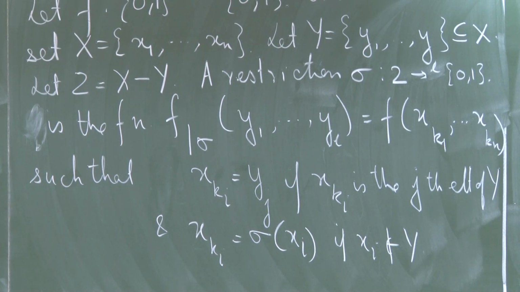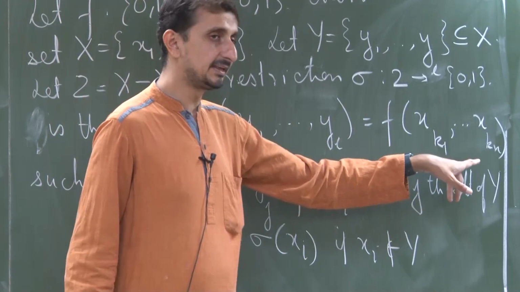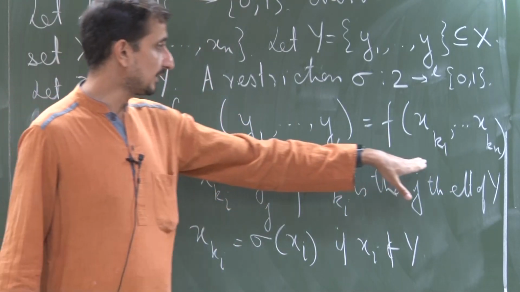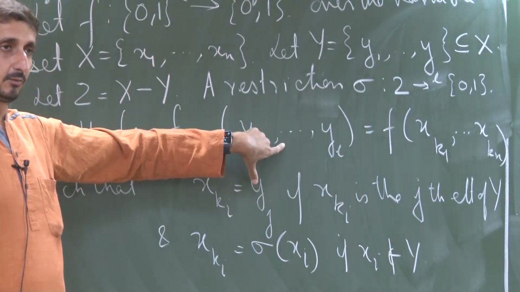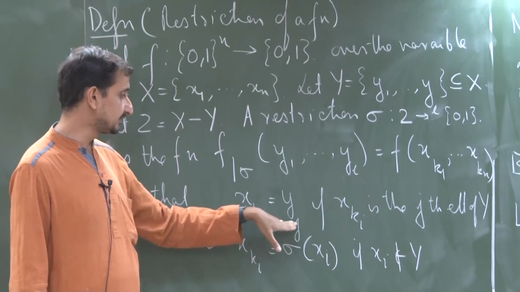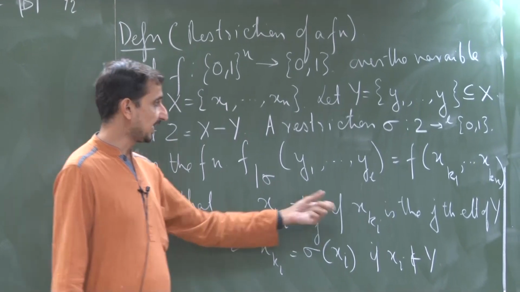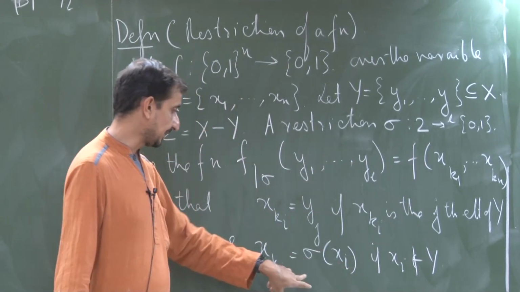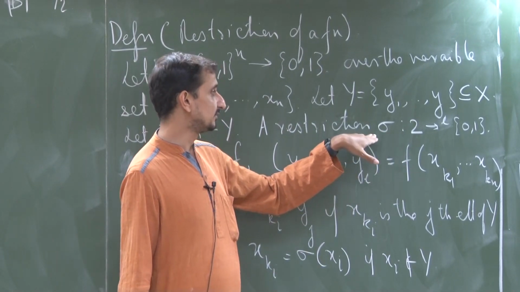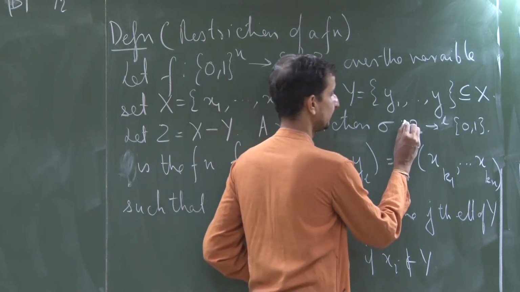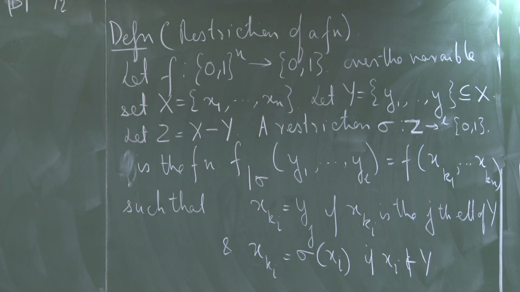Essentially I look at all the variables now. Among all the variables, if I have a variable which belongs to the set y, then it is just a free variable, and if it belongs to the set z, then I will set it to sigma of that quantity. So, this restriction is mapping this set z to 0 or 1.